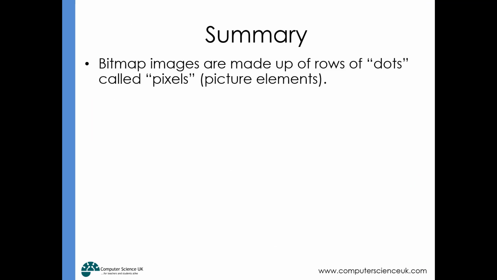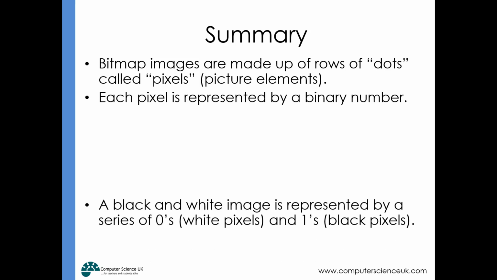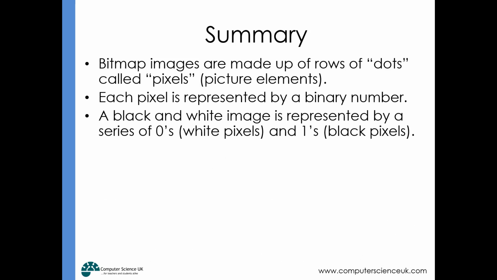So in summary, bitmap images are made up of rows of dots called pixels. Each pixel is represented by a binary number. A black and white image is represented by a series of zeros and ones, which means that if you were to look at the data within that file, the computer would read each individual bit in turn to determine the color of each pixel.